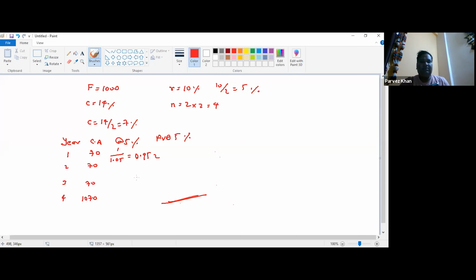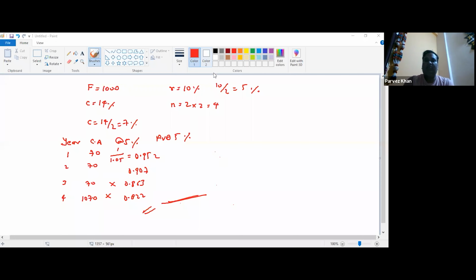Then press equal to, 0.907. Press equal to, 0.863. Press equal to, 0.822. Multiply 70 by 0.952, 70 by 0.907, 70 by 0.863, and 1070 by 0.822. Add all, and you will get the answer.